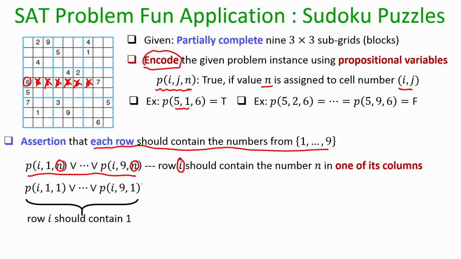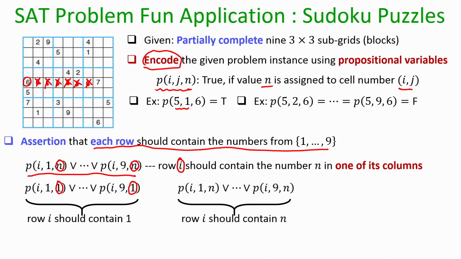So, that means now if I make my n to be 1, this disjunction of 9 variables represents that I want the number 1 to appear in exactly one of the columns of the ith row. It could be either in the first column, or in the second column, or in the 9th column.